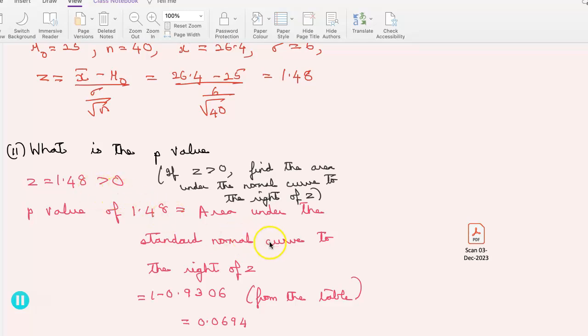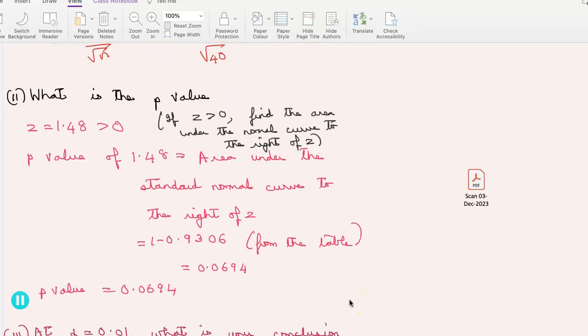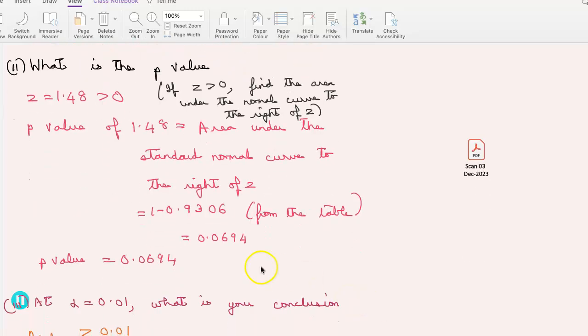Because it's the area under the normal curve to the right of z, that is 1 minus 0.9306. And this is what we do when z is greater than 0. So that is 0.0694. So the p-value is 0.0694. So you need to remember that when z is greater than 0, the p-value will be 1 minus whatever value you are getting from the table.